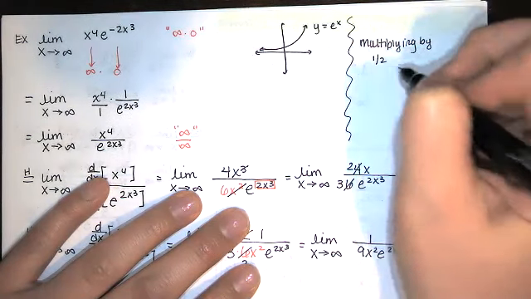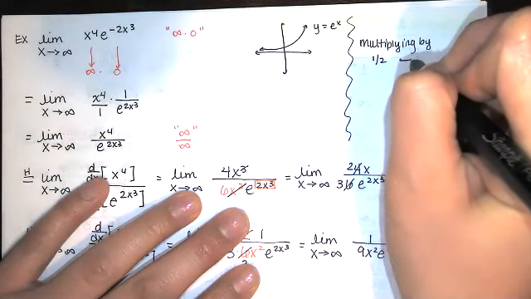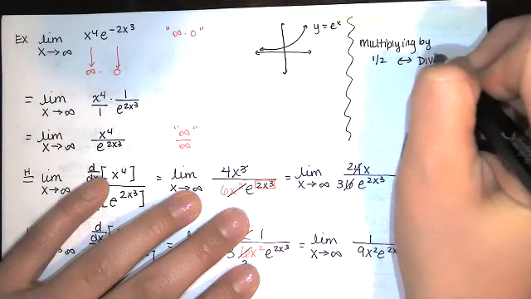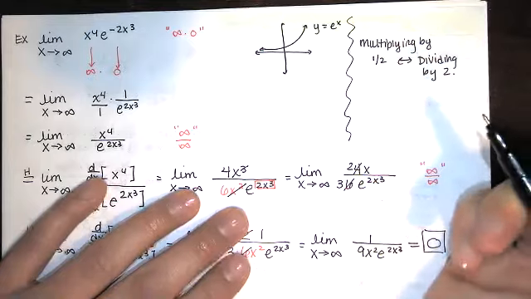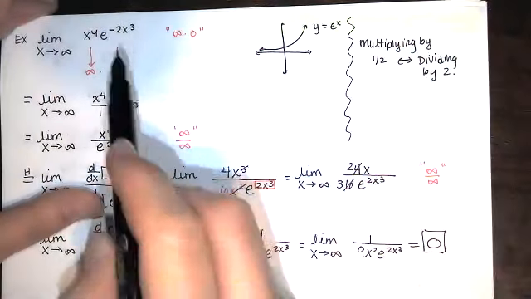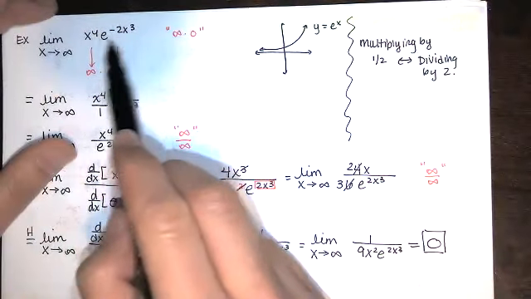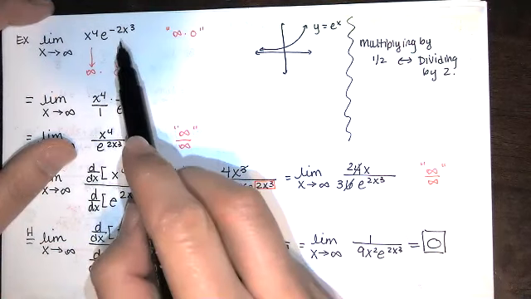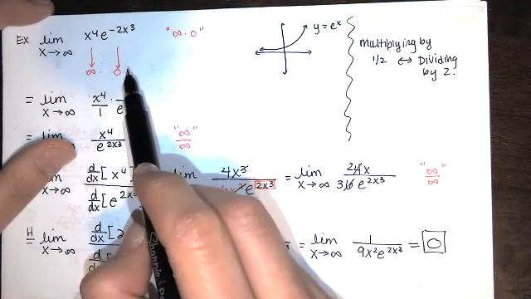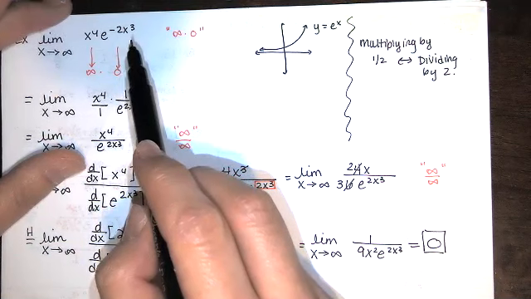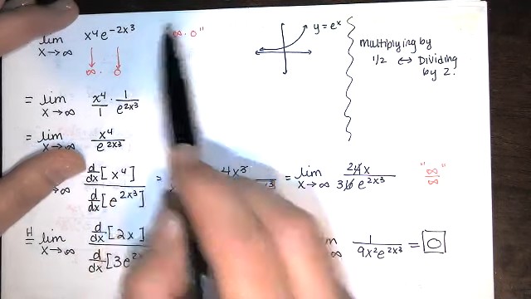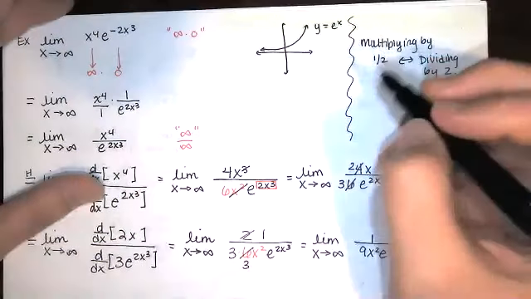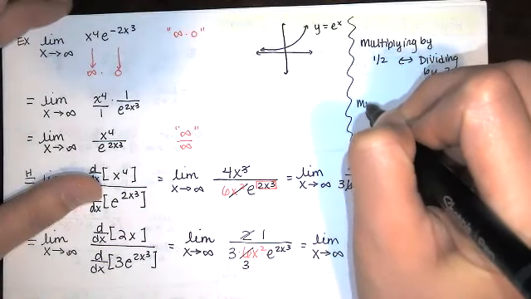Isn't multiplying by 1/2 the same as dividing by 2? So if I'm multiplying by something and it's approaching 0, instead of multiplying by that something, I can divide by 1 over that. So let's write that out.